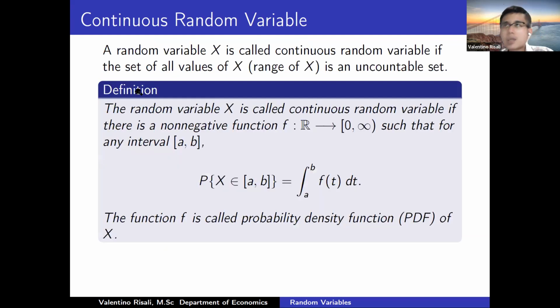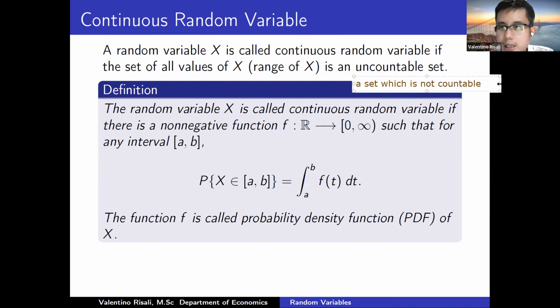If the discrete case is defined on a finite or countable set, the continuous random variable is defined on an uncountable set. That is a set which is not countable.